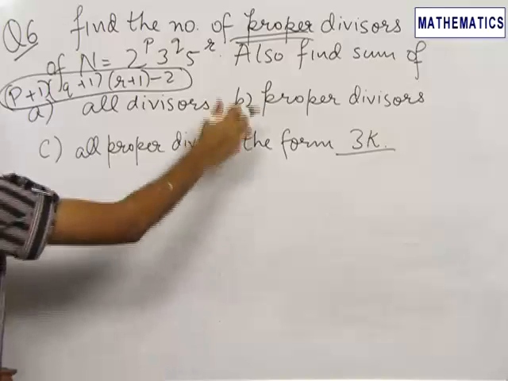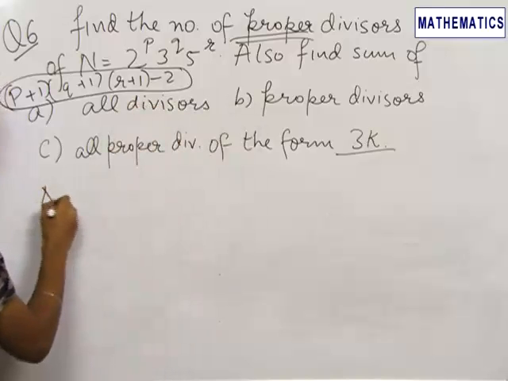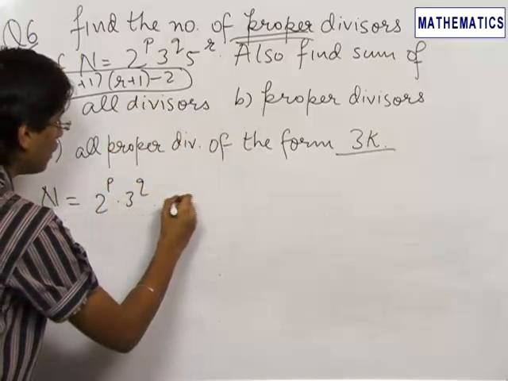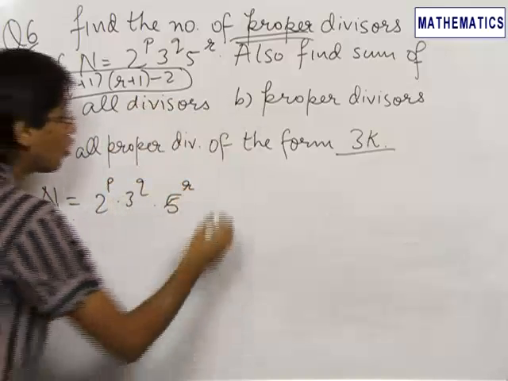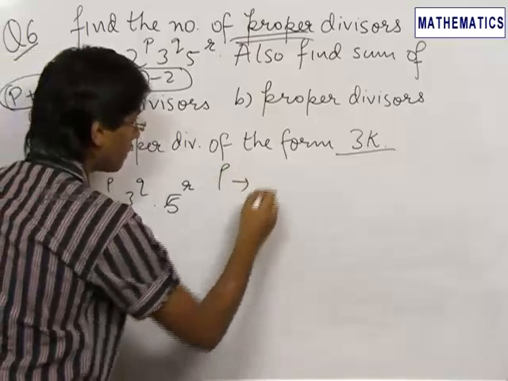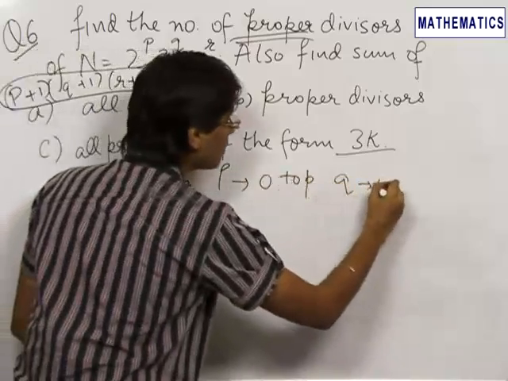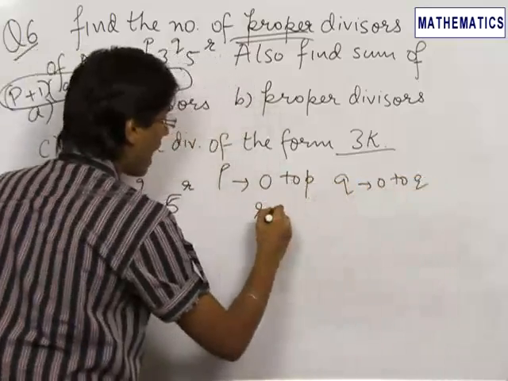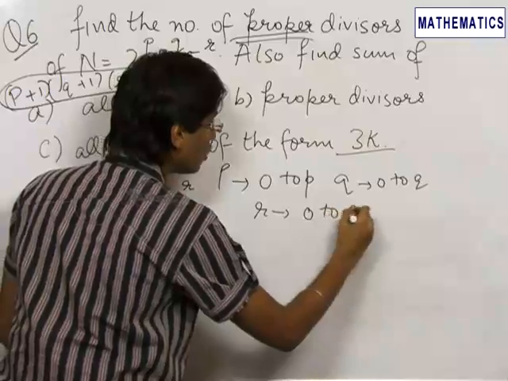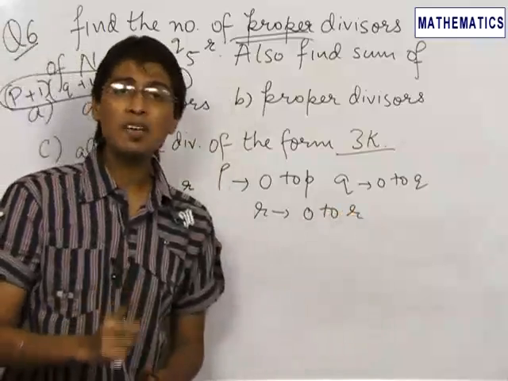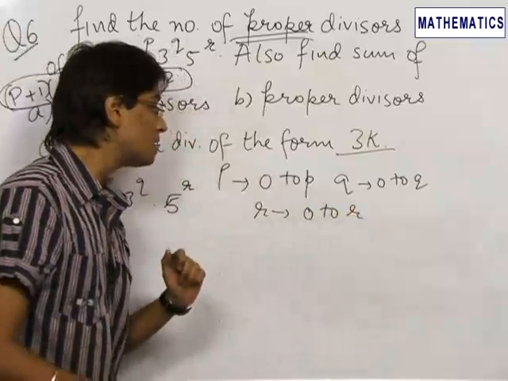So now let us find the sum of all divisors. This number is 2 power p into 3 power q into 5 power r, and we know that p can range from 0 to p, q can range from 0 to q, and r can range from 0 to r, because we can select 0 p's, 1 p, 2 p's up till p p's.